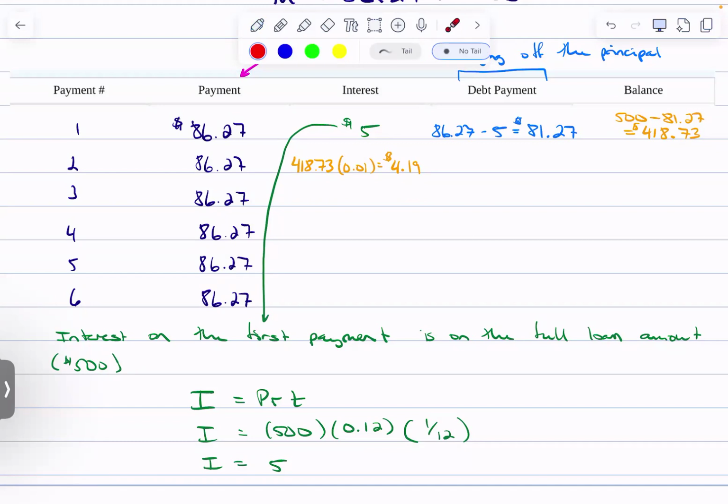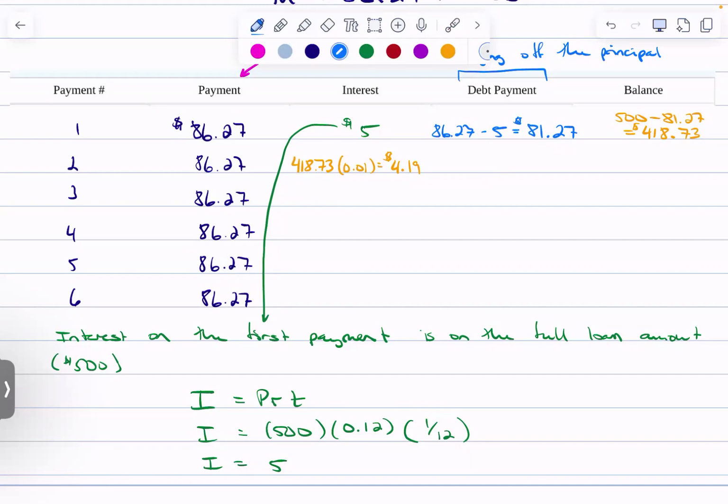Now, out of your $86.27 payment, $4.19 is going towards interest, and then the remainder is paying off your debt, right? And so what do we expect? We expect it to be a little bit higher than 81.27, and so there's going to be this shift.